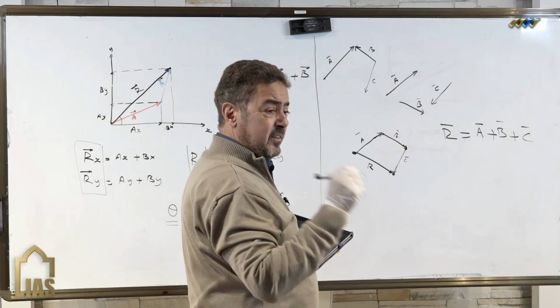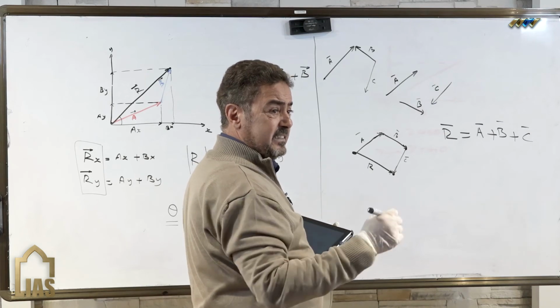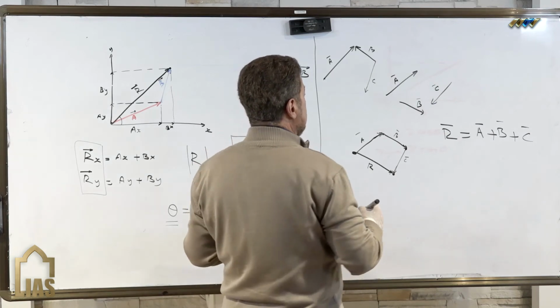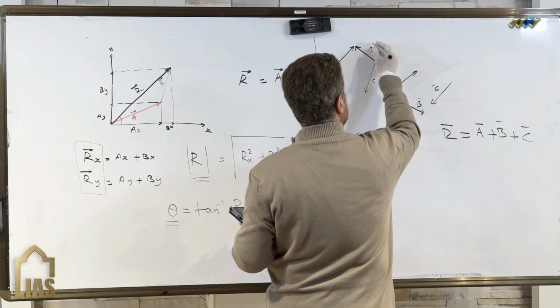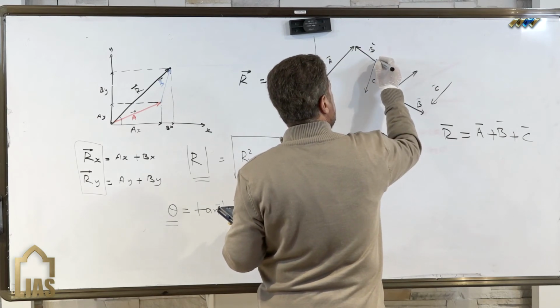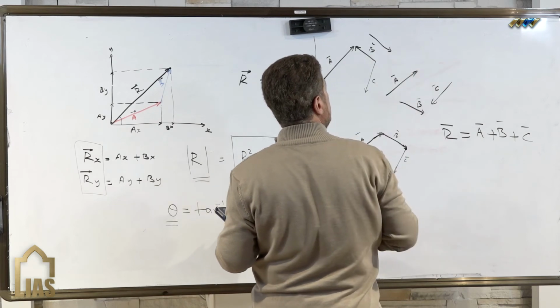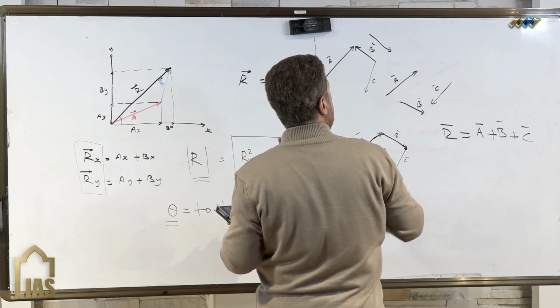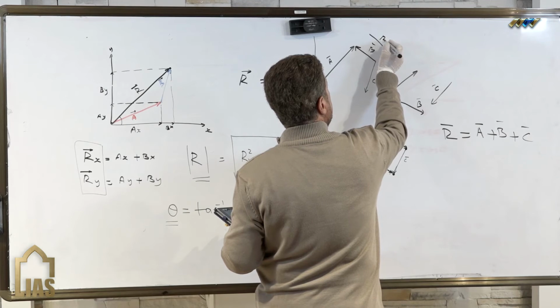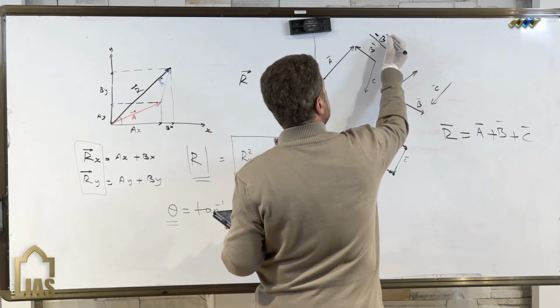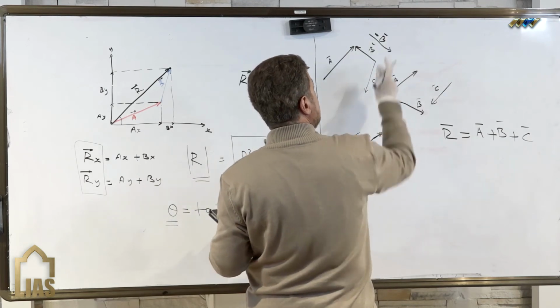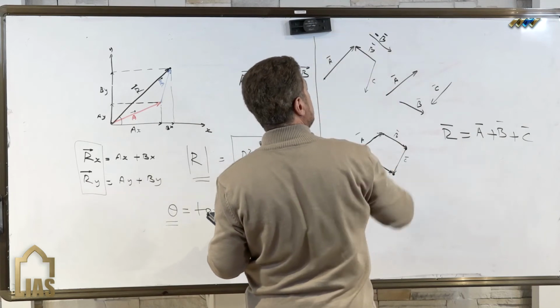It's not the regular representation of this. We say, no, sorry, B, you have to go like this, and I give you a negative sign, such that you remember that your direction is this way.